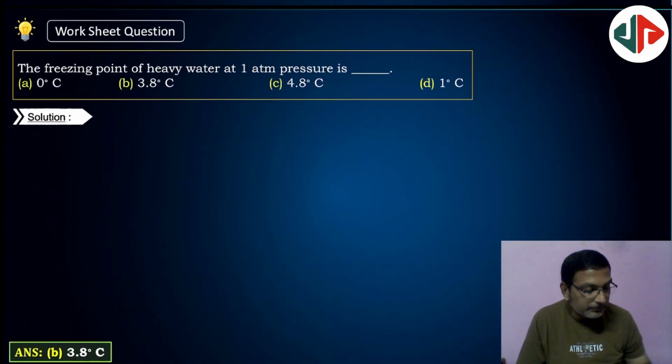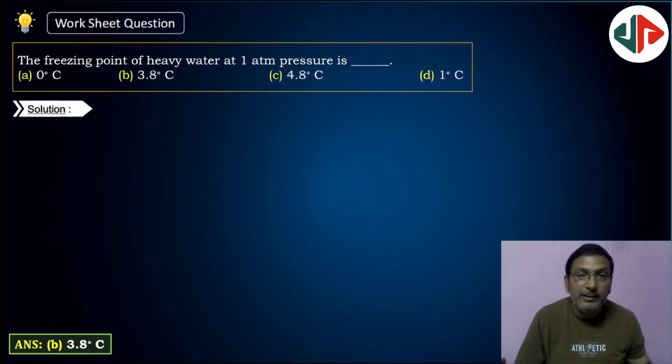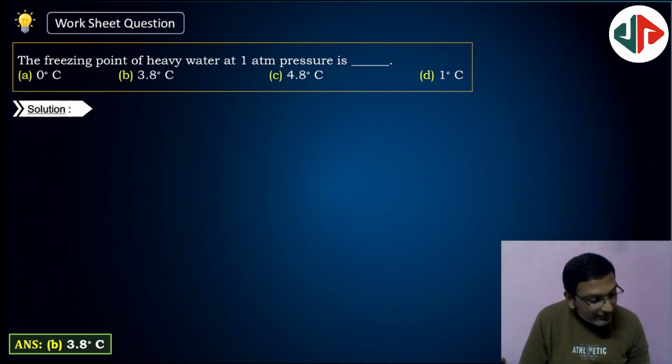Next. Second question. The freezing point of heavy water at 1 atmosphere is. Heavy water means D2O.